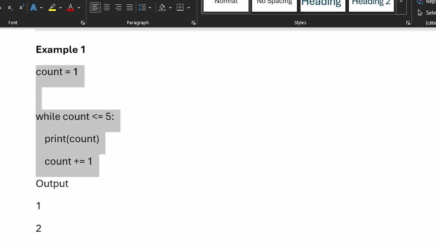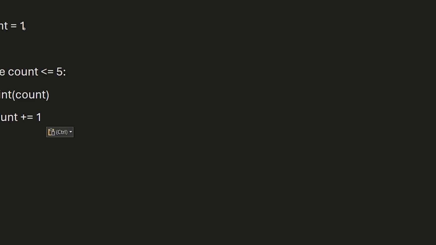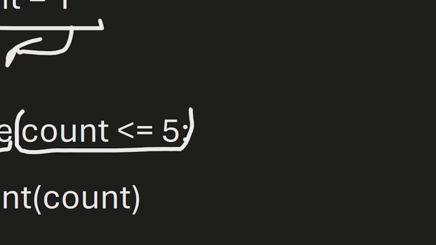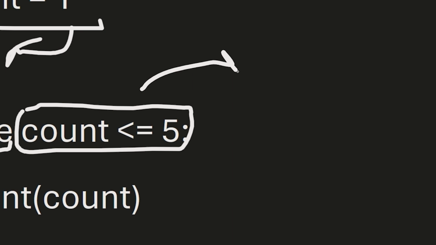I will copy it, open notes, paste it over here, and now I will explain this. See here, we have count equal to 1. We are assigning count a value that is 1. Then we are writing the while loop. We have written while, then we have given one condition. What does this mean?